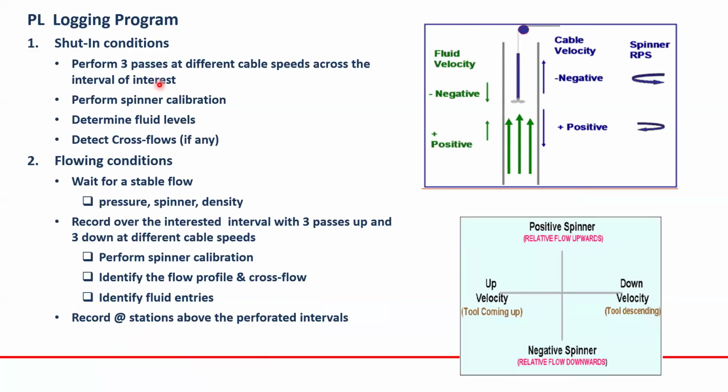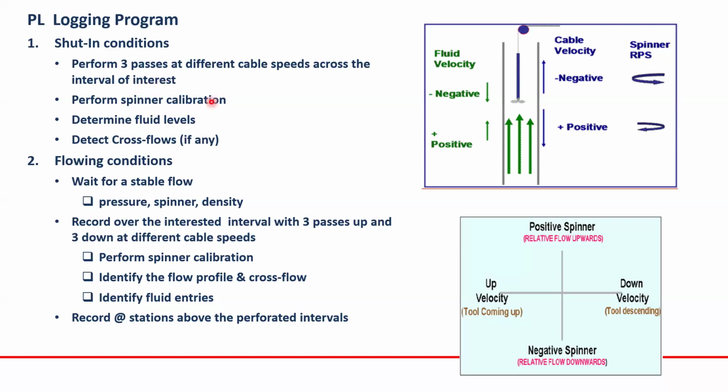The PLT logging program simply performs three passes at different cable speeds across the interval of interest. We close or shut in the well for a longer time, maybe 2 or 3 days, to ensure the well is in equilibrium: the pressure is stable, and fluid is in equilibrium in the borehole, and so on.